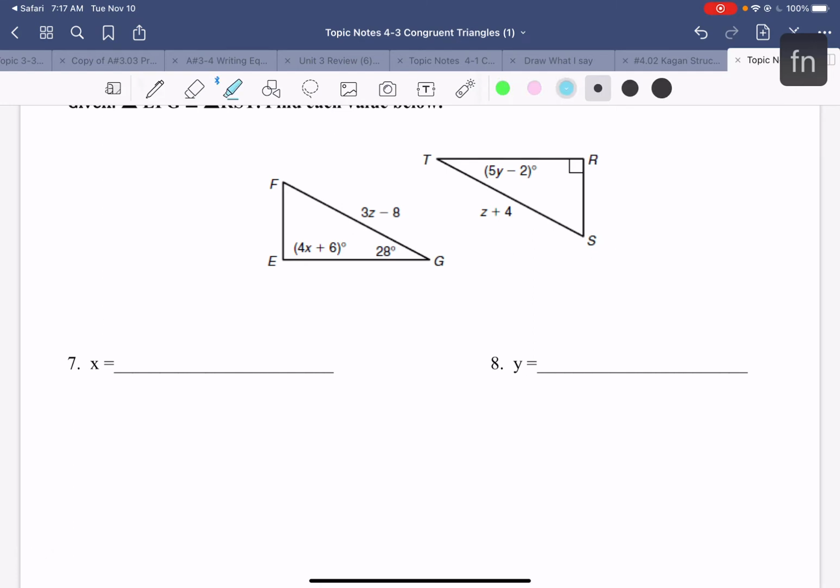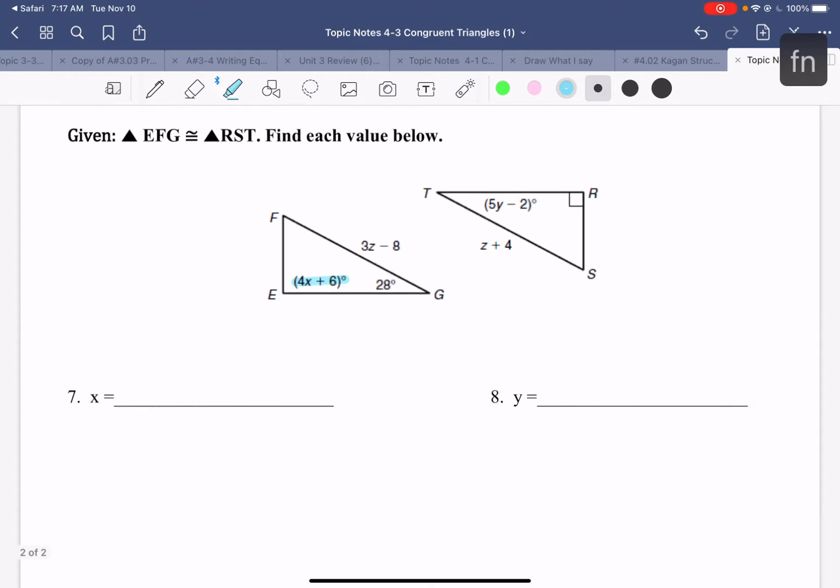To be successful with this, x is in angle E. If the triangle is flipped around and looks weird, and I'm not sure what angle E is congruent to, I can go back up to the congruent statement. E is the first letter of the first triangle, and then R, so angle E is congruent to angle R. Angle R has this little box, which tells us that this is 90 degrees.